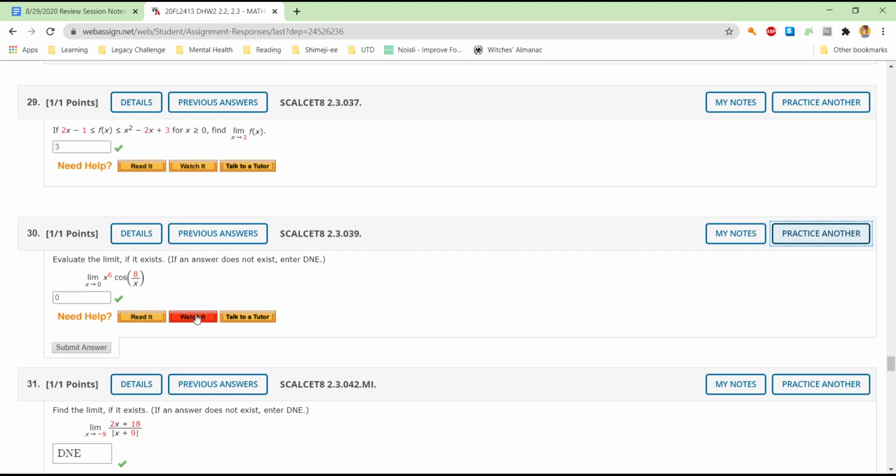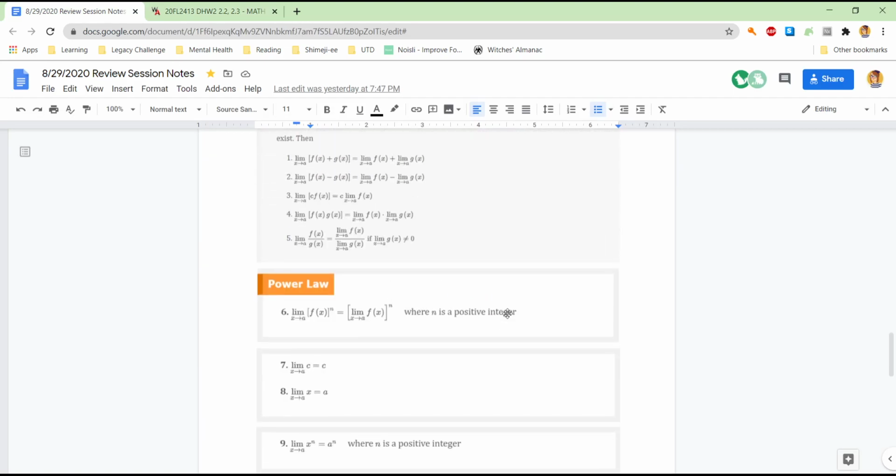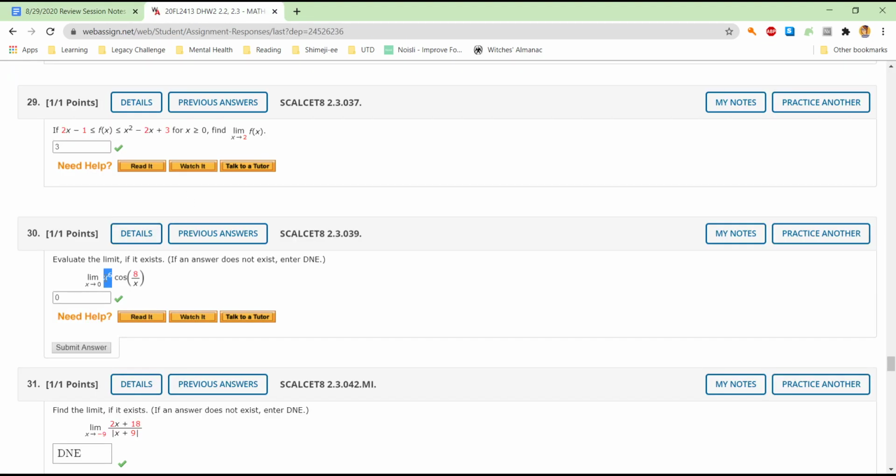Basically, this is doing the limit law number 3: c of f of x is equal to c limit f of x. So you can actually take this 6x out and put it over here.